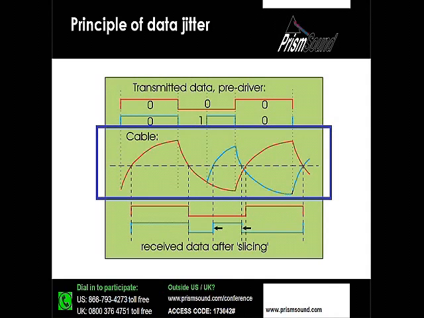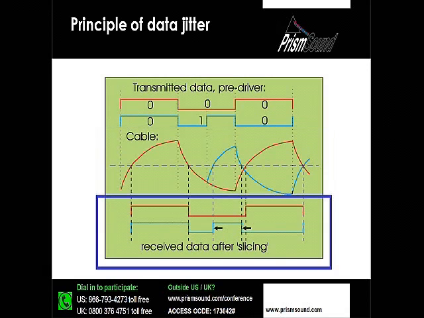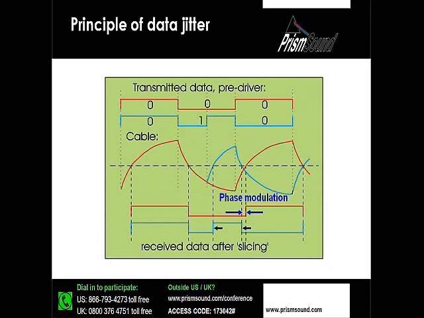And when we get down to the comparator and we try to recover this data after slicing, it can be seen that the timing of the latter two transitions in the one symbol has been displaced with respect to the correct position when the system is 0. And of course, this results in phase modulation. So in essence, cabling itself can represent itself as jitter just as a jittery clock.